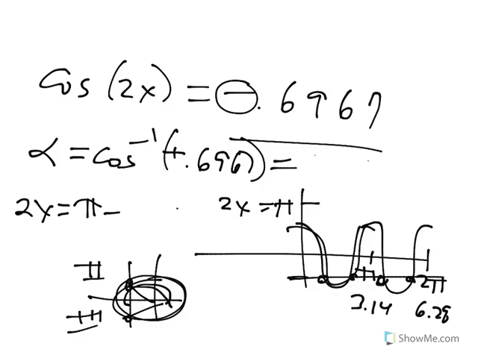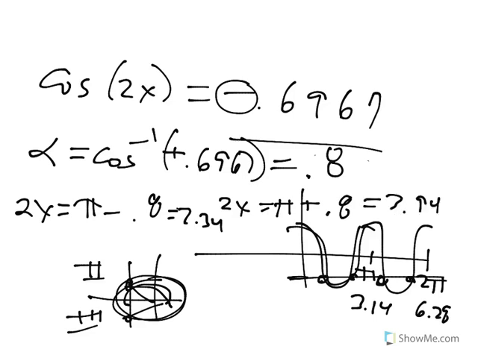Oops, I just realized if you're following along at home, this is actually about 0.8. So it's pi minus 0.8 and pi plus 0.8. This one, pi is 3.14, so this is about 2.34. And this is about 3.94.